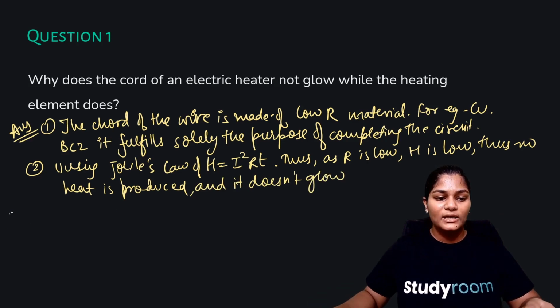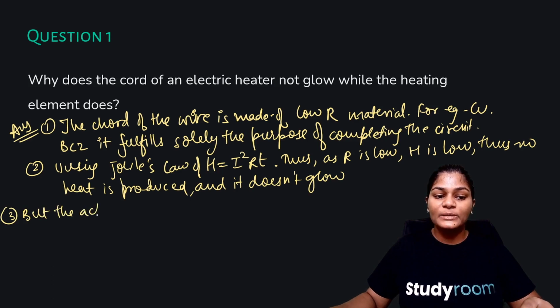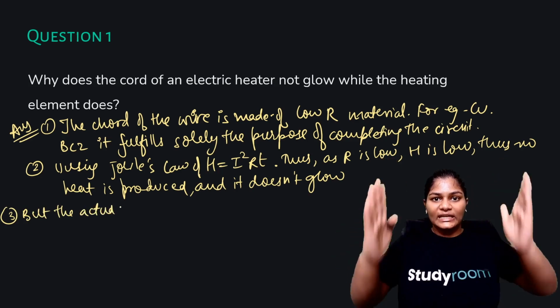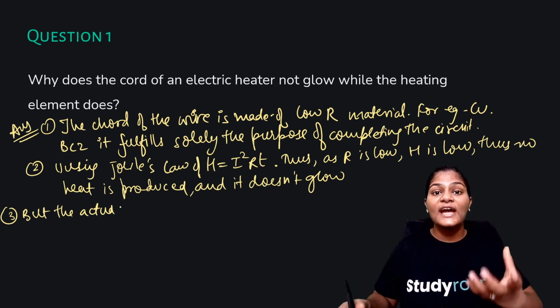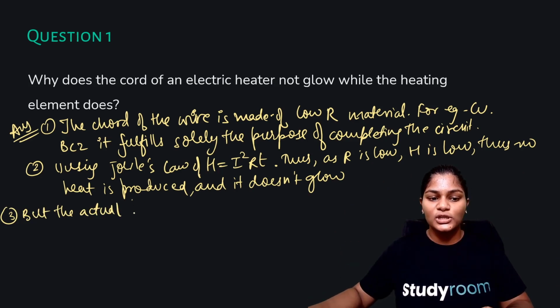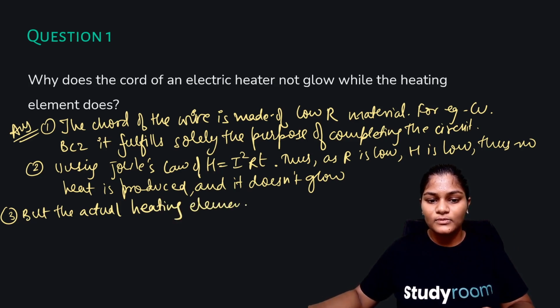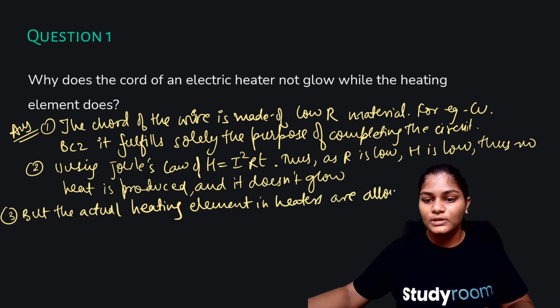Okay. Here we write, but the actual heating element in the heater, that rectangular place between the wires that are there, that is the actual resistance. But the actual heating element in heaters are alloys.